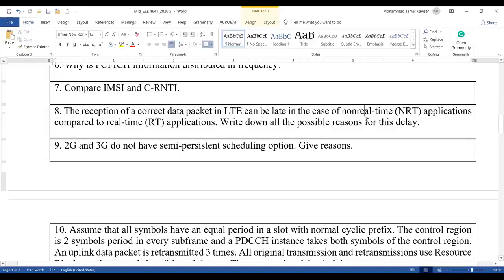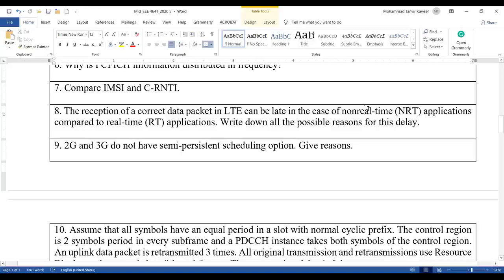Now, if the packet is still incorrect, MAC will not take any further action, but RLC will. RLC will again send feedback, and there will be again retransmission at the RLC layer. So that will cause additional delay.